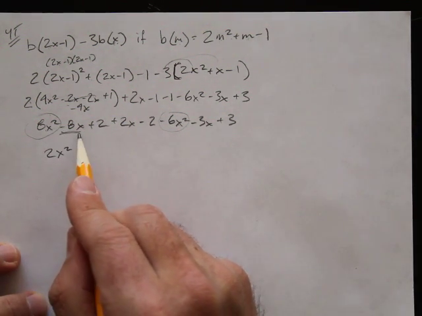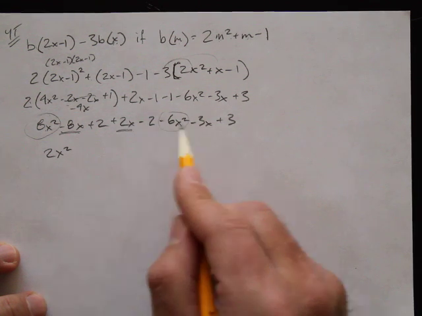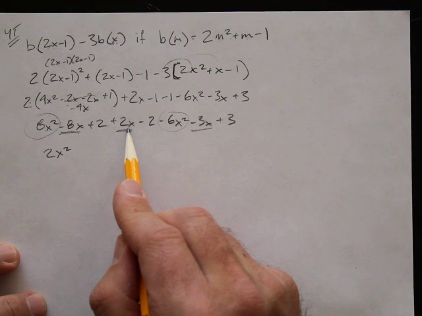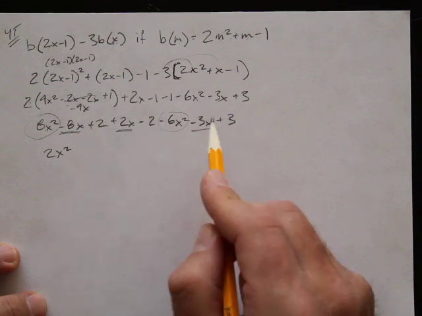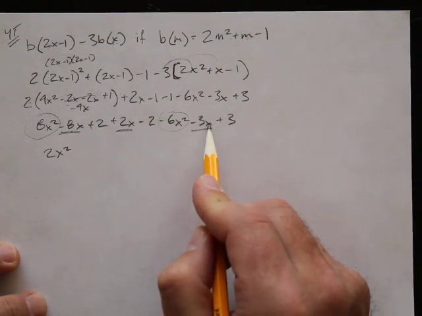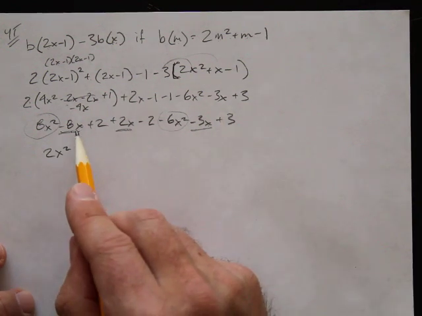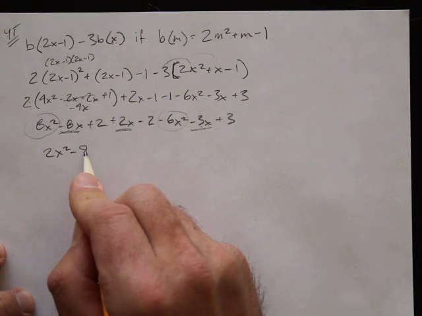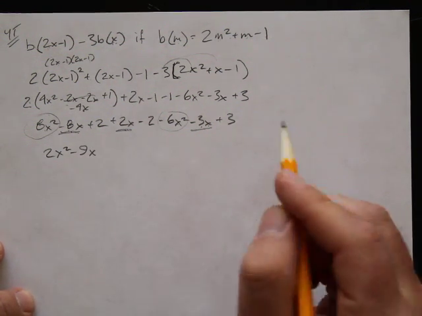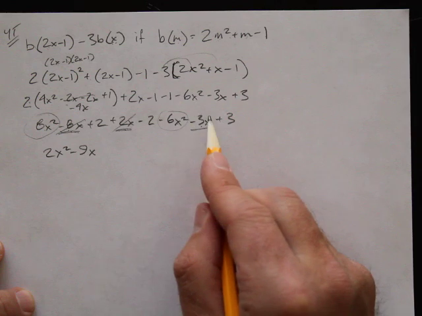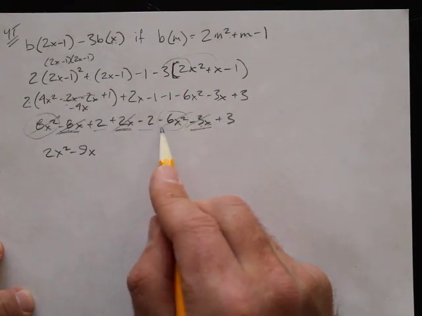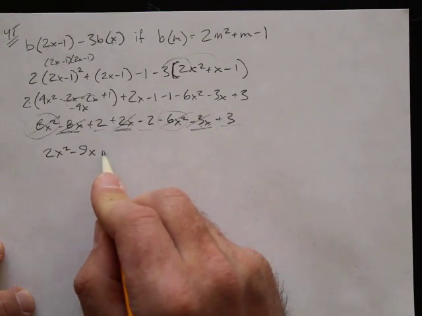Then I've got negative 8x, positive 2x, negative 3x. So negative 8x and 2x is negative 6x, minus 3x, negative 9x. So those go away. And then I've got negative 2, that's 0, plus 3, I got plus 3.